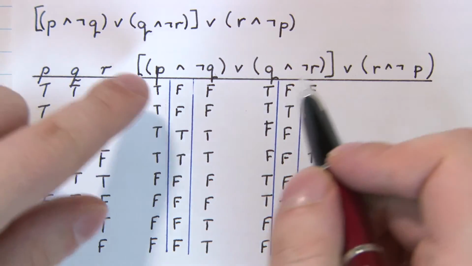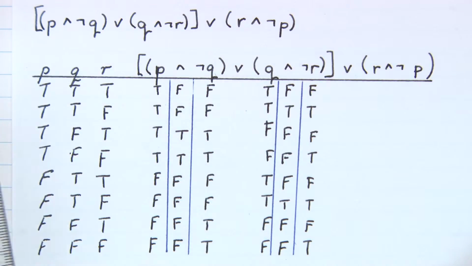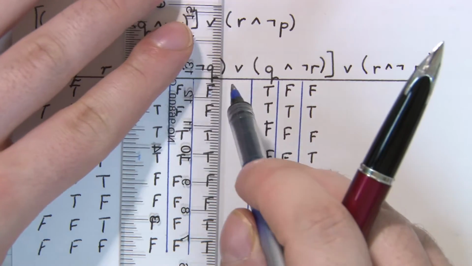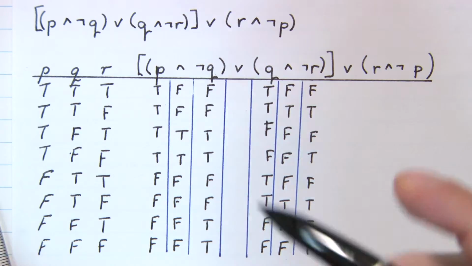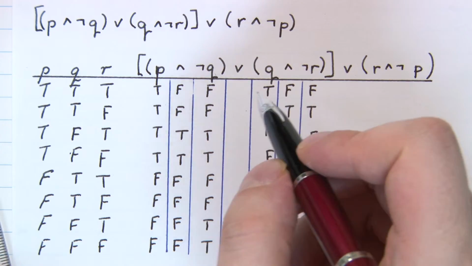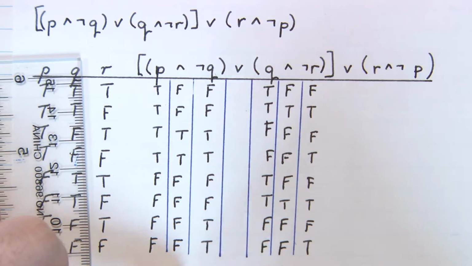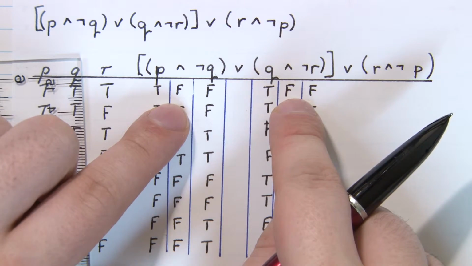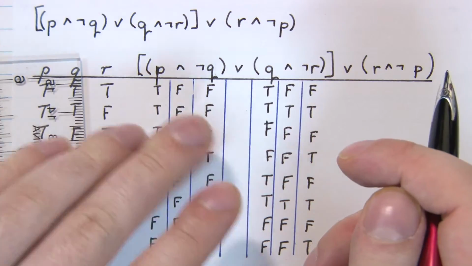I'm going to do this OR value next, because I have the square brackets here first, and I have my order of operations. So I need to use this column and this column. And it's the OR, so at least one of them has to be true for this to be true.